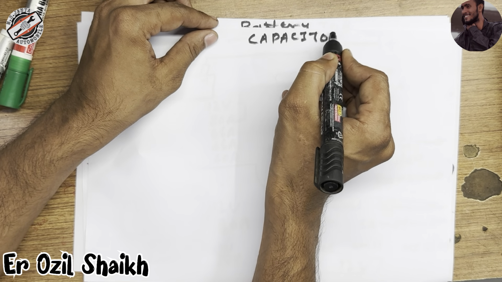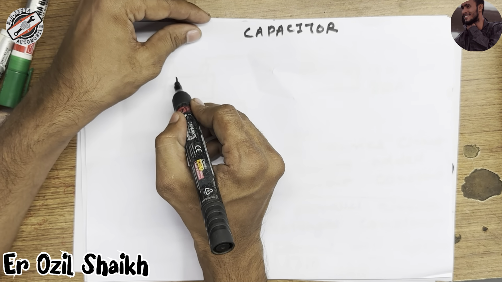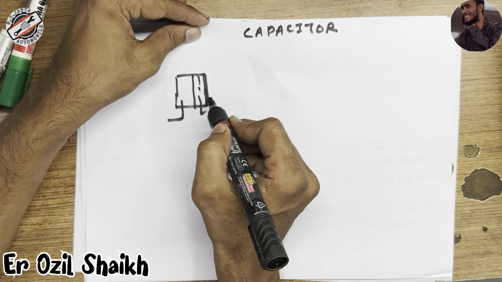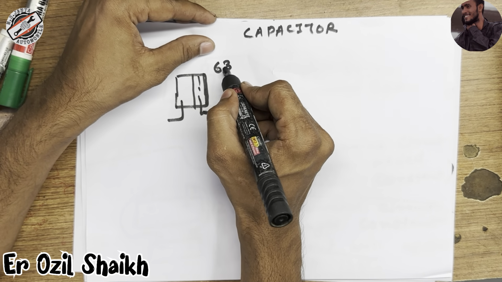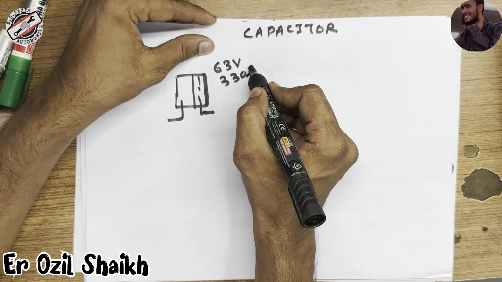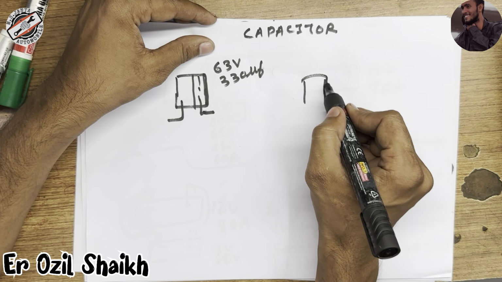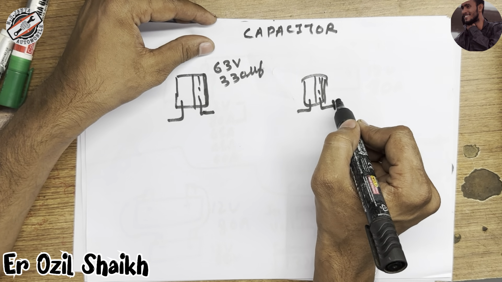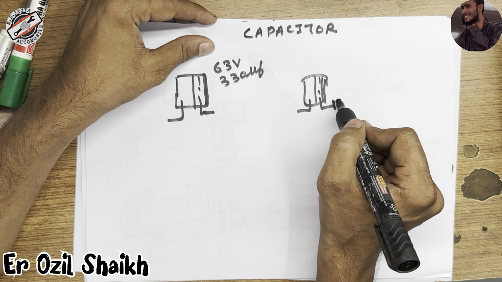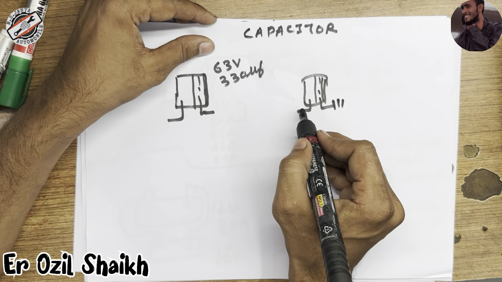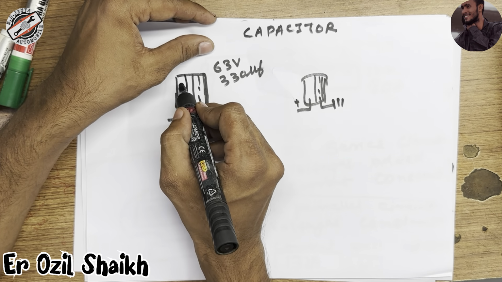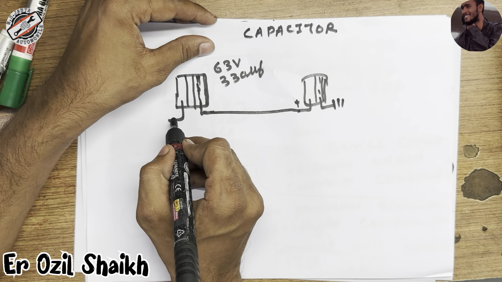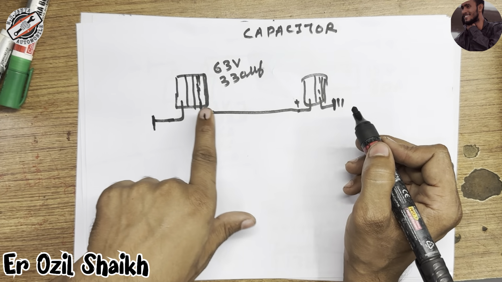In capacitors, suppose we have a capacitor like that, and this is the minus, and this capacitor value is 63 volt and 330 microfarad, and I have connected this capacitor, this is ground and this is positive, and here also this is negative. So this negative I have connected here, and this will be positive. So it is the same.